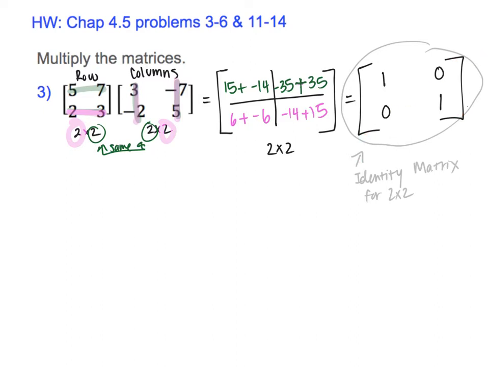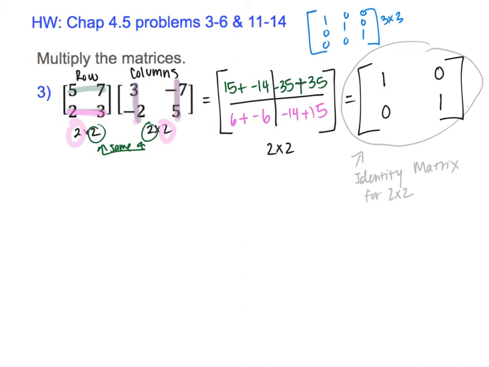An example of a 3 by 3 identity would be 1, 1, 1, and then the 0s would fill up the rest of it. So identity matrices act like the number 1. When you multiply by an identity matrix, you get the same matrix back. In other words, if I multiply this first matrix with the identity matrix, I'm going to get back this matrix here.